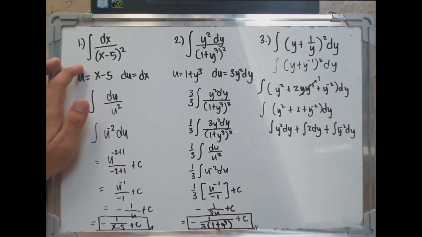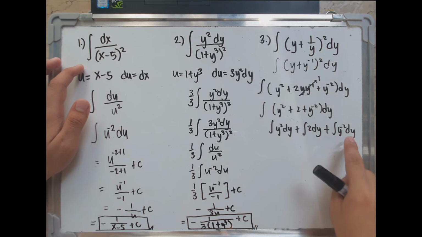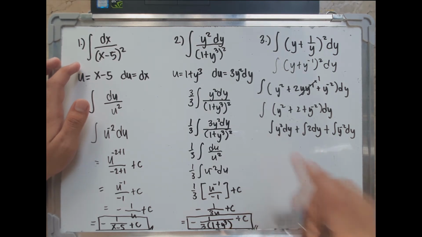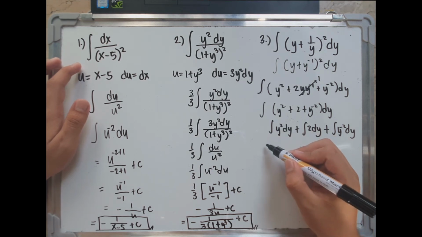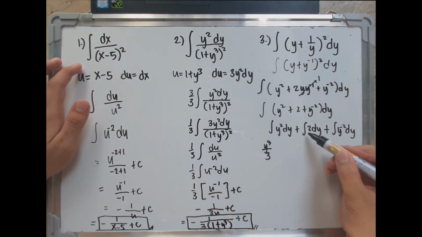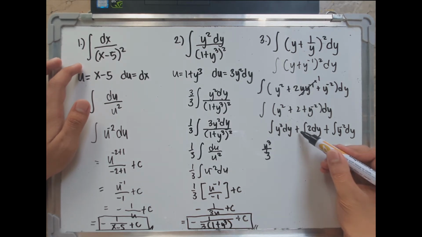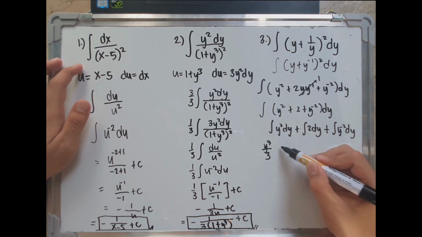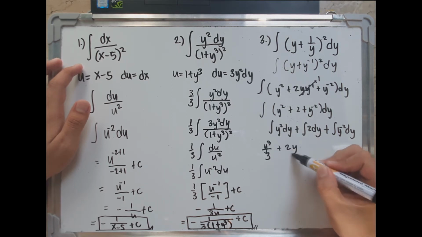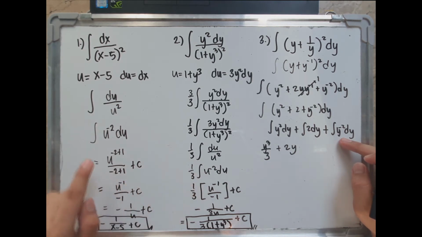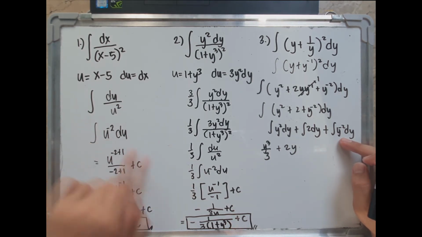Okay. So the power rule, and we have the general theorem. So y squared, that will be y cubed over 3. How about this one? 2 could be placed in front of the integral symbol, the integral of dy, that is y. So we now have 2y. And how about this one? Integral of y raised to the power of negative 2 is just like with example number 1 and example number 2.